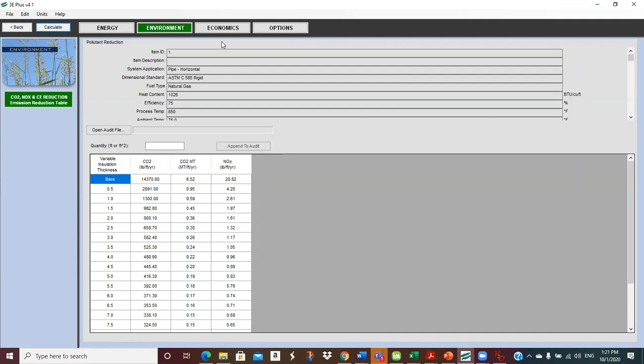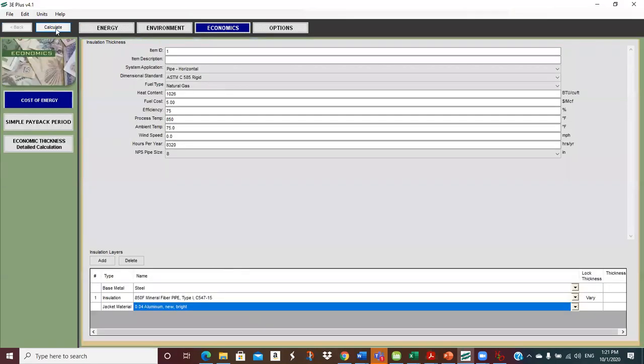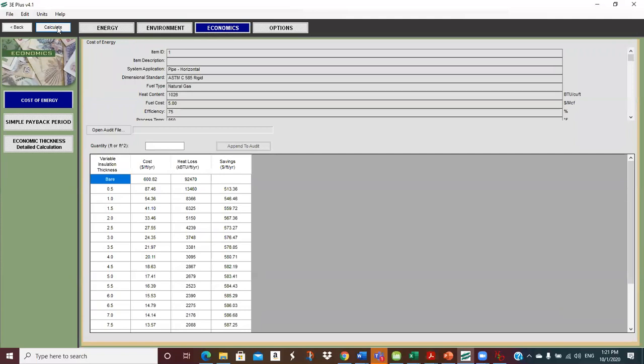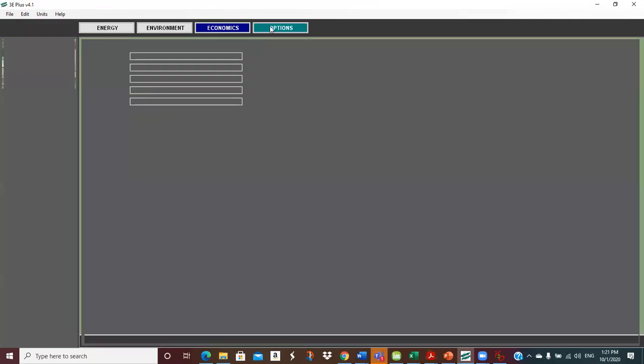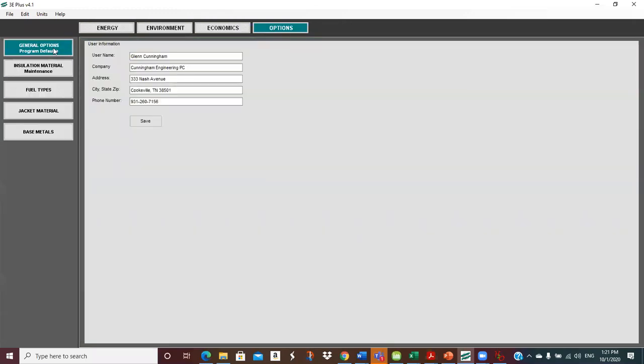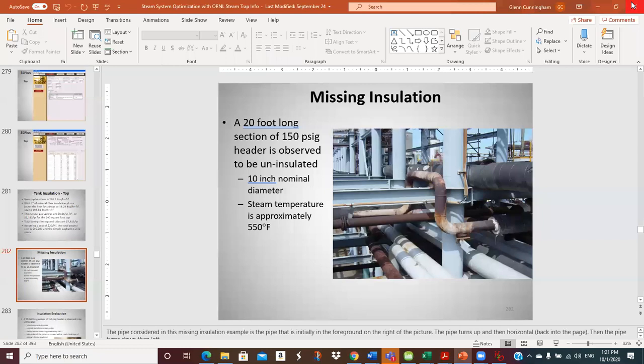And then you can run the economics tab, and that gets you your cost numbers: dollars per foot per year, 1,000 BTUs per foot per year, and savings dollars per foot per year. I don't mess around with the options too much, but you got general options: insulation materials, fuel types, base metals. And you can add to these if you have something that you need to run that's not in there. So anyway, that's 3E Plus, really nice little program. Encourage you to download it.